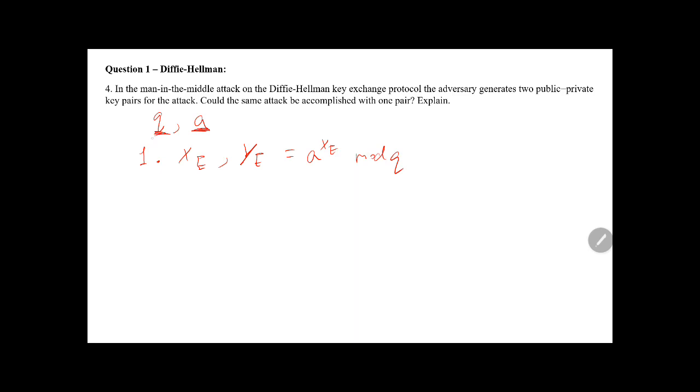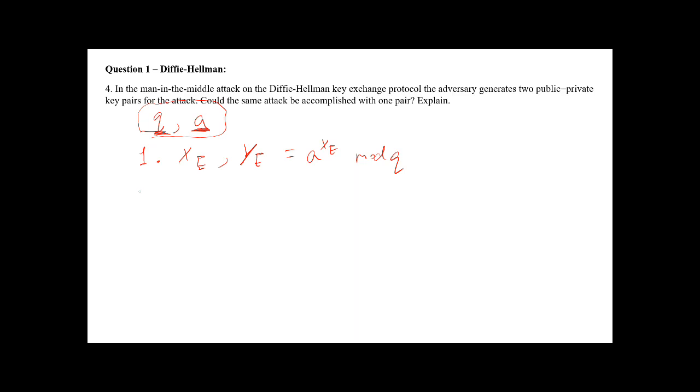Remember that Q and A here are two values that she has got from the communication between Alice and Bob. Okay, so far so good. So now she has a public-private key pair that are created using the primitive root A and the prime number Q.